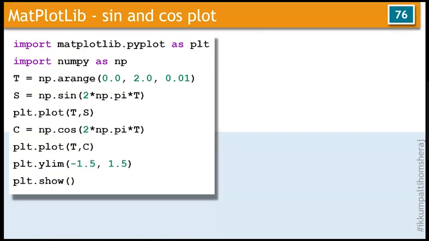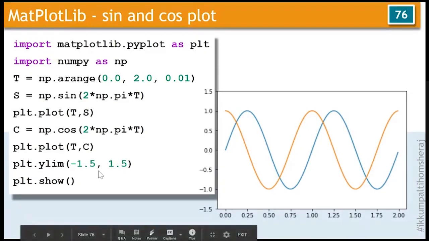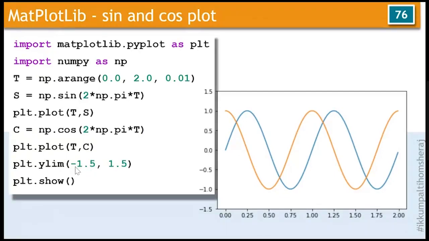So if you notice, it will automatically get displayed with two different colors. And if you just change it to -1 and +1, in that case, the top space and bottom space will vanish. You'll be able to see the curve very compact. If you say -2 and 2, you will be having more space on top and more space at the bottom, right? So that is entirely up to you.